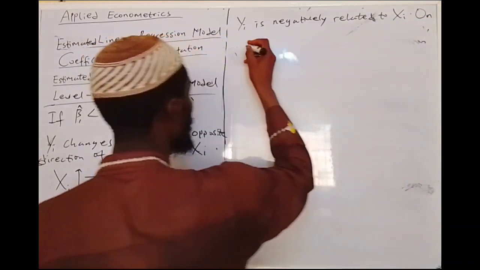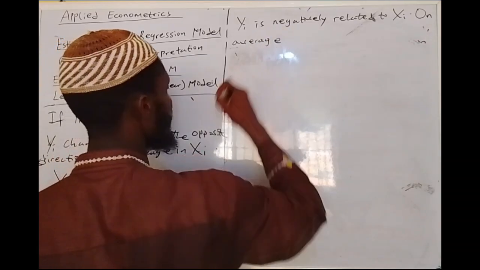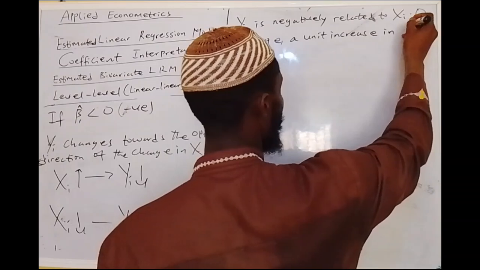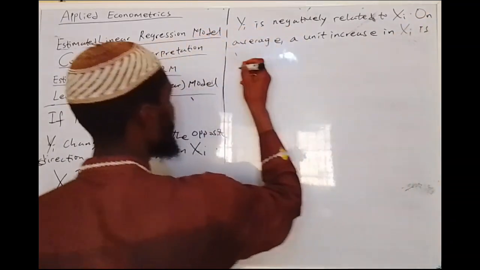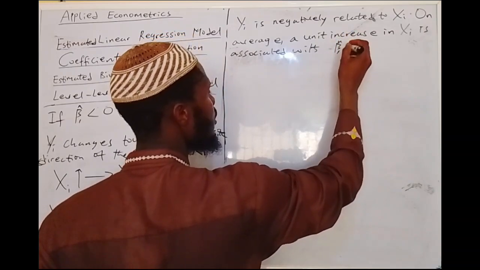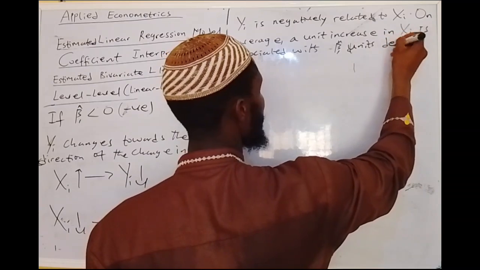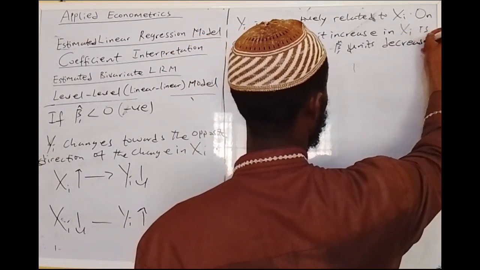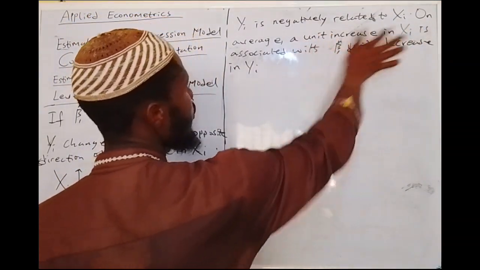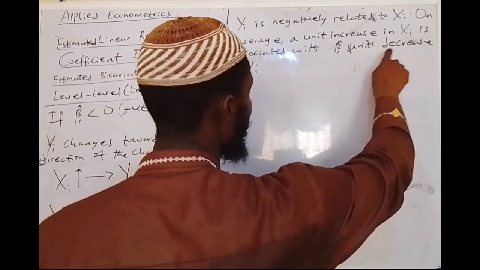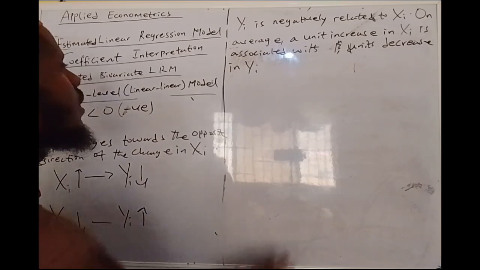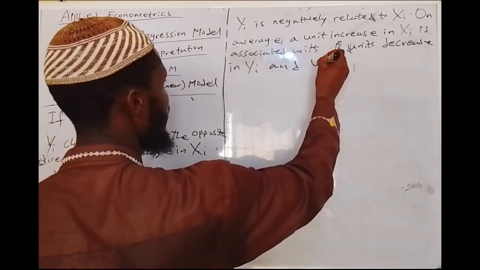On average, a unit increase in x is associated with beta 1 hat unit decrease, in the opposite direction, in y hat. When x increases by a unit, that is associated with a beta 1 hat unit decrease in y. Because the coefficient of x, beta 1 hat, is negative, interpretation follows this pattern. And vice versa.